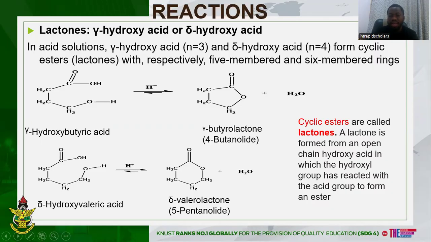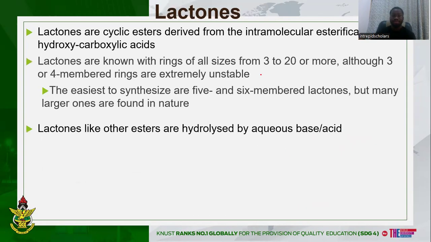We've mentioned that already. A lactone is formed from an open chain of hydroxy acid in which the hydroxyl group has reacted with the acid to form an ester. Now we are talking about lactones. We are saying that lactones are cyclic esters derived from intramolecular esterification or dehydration.